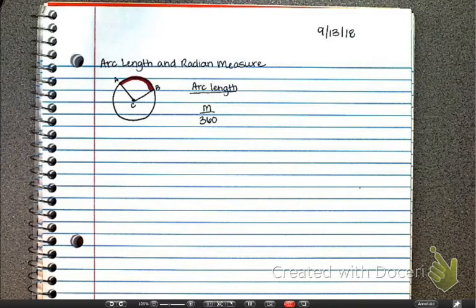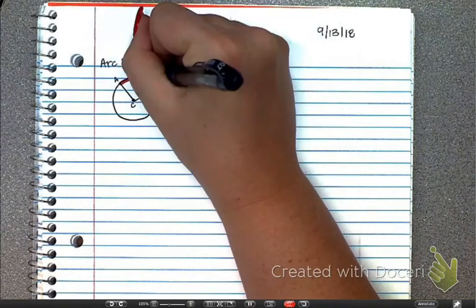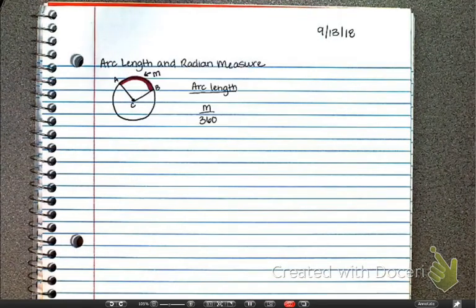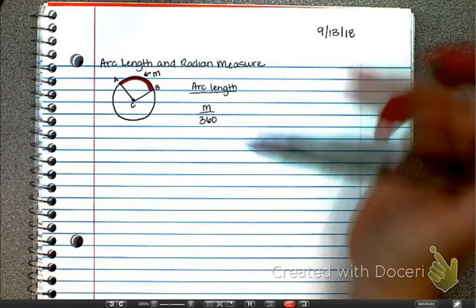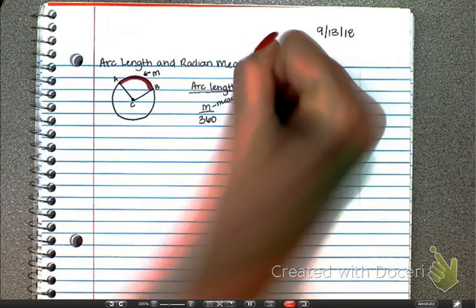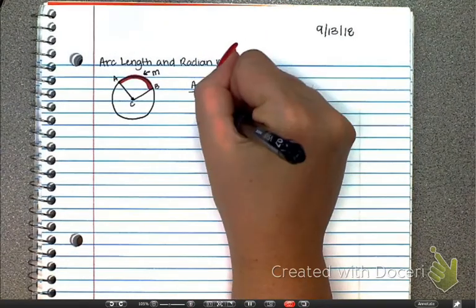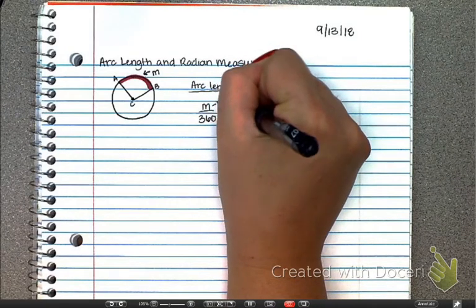Okay, so a whole circle, all the way around the circle, equals 360. But I just want this piece here, which we're going to call M. This is a measure, in degrees. So M over 360 times 2 pi r.